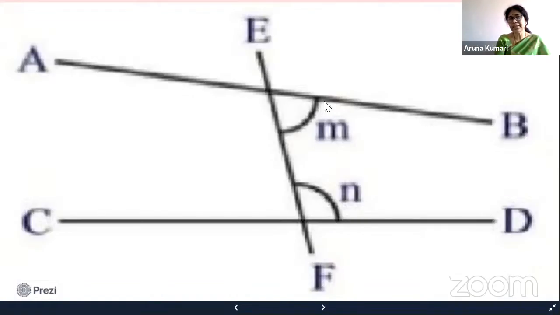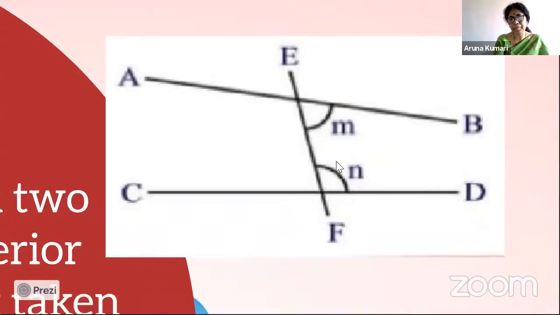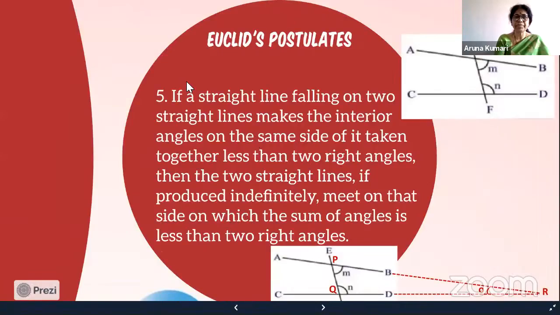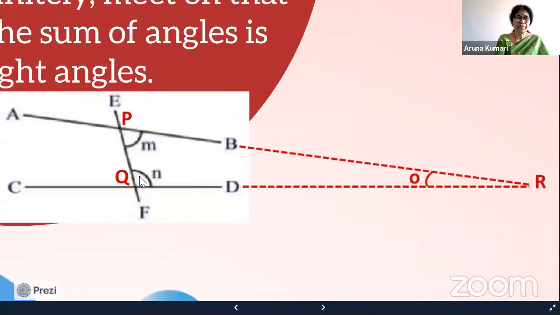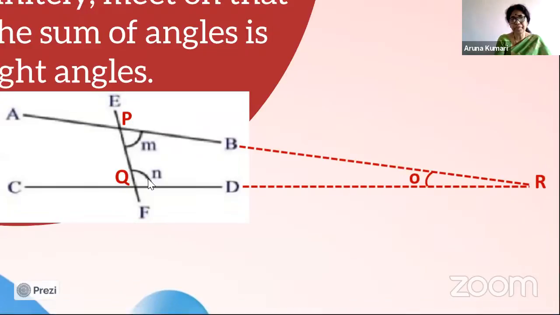So a straight line falling on two straight lines makes the interior angles. Understand this? On the same side, we are taking the same side. Together less than two right angles. See, here we are taking this side, interior angles.